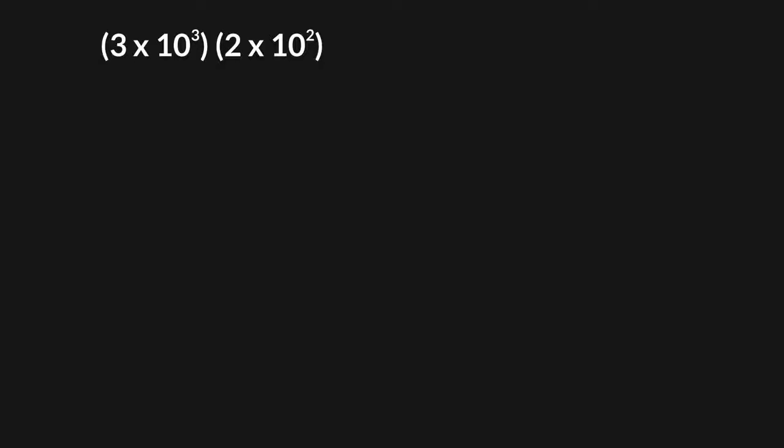Okay, so here is an example of multiplication with scientific notation. If I were to expand these out, this would be 3,000 times 200. In this particular case, these numbers are not that large.